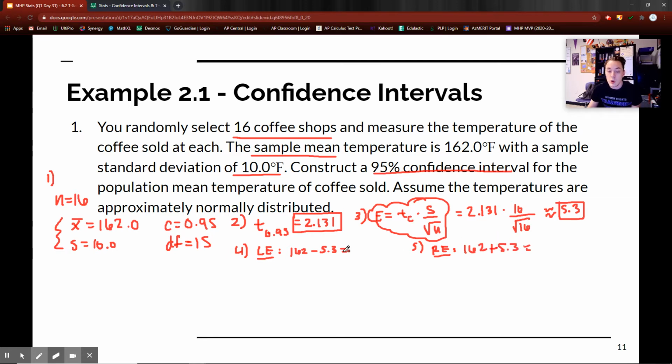So when I do that on the calculator, what I get is 156.7. This is my left endpoint. And when I find my right endpoint, I get 167.3. This is my right endpoint.